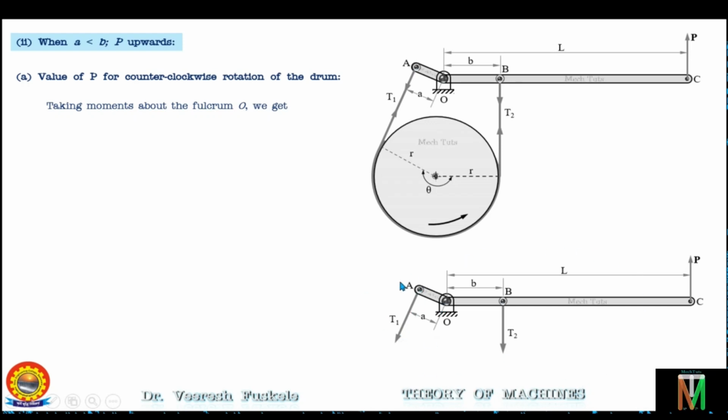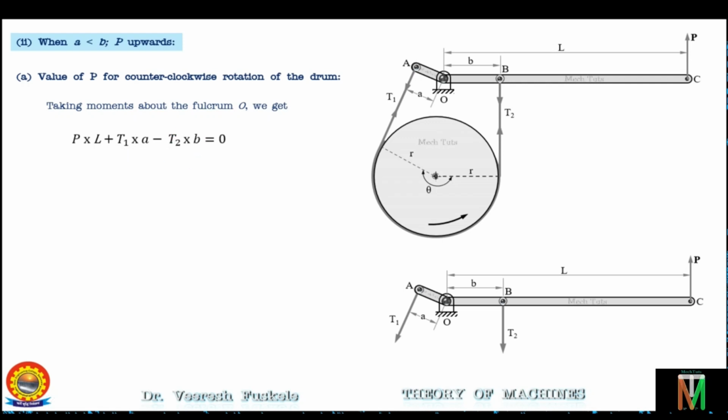Now taking moments about the fulcrum point O, T1 will be rotating the lever in the anti-clockwise direction, so it will have a positive moment with the magnitude of T1 into the perpendicular distance A. And P will also have an anti-clockwise rotation, so it will also have a positive moment with the magnitude P into L. But T2 will be rotating in the clockwise direction, so T2 will have a negative moment with the magnitude T2 into B. So the moment equation can be written as T1 into A plus P into L minus T2 into B equals 0, where P and T1 have positive moments and T2 has a negative moment.